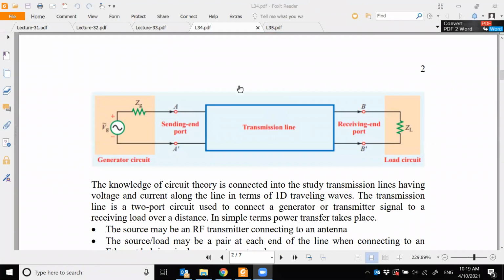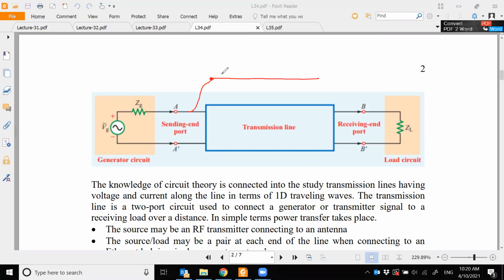The main objective is to carry the power from the source to the load. And this transmission line can be a coaxial cable. It can be twin wire. For the coaxial cable, the central part is the positive part, and the outer part is our negative part. Okay, so this is how our transmission line looks like. The central conductor will be connected to this one.